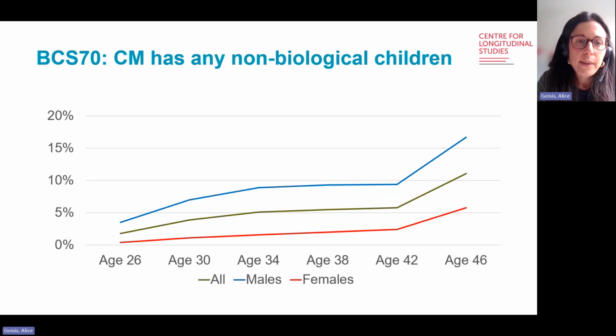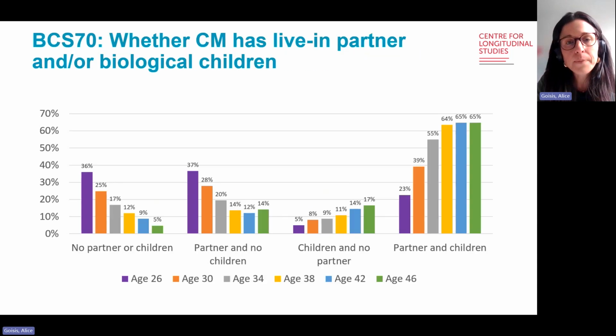We can also look at the proportion of cohort members who have any non-biological child. Here we see that the proportion is higher for males than for females, and we see that for both genders there is an increase, especially from age 42 onwards.